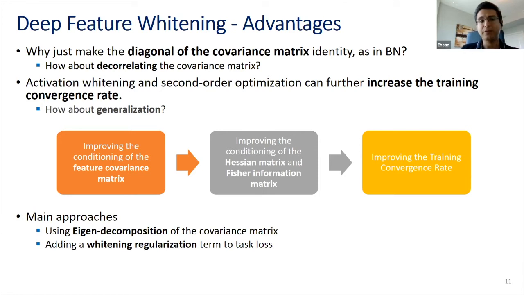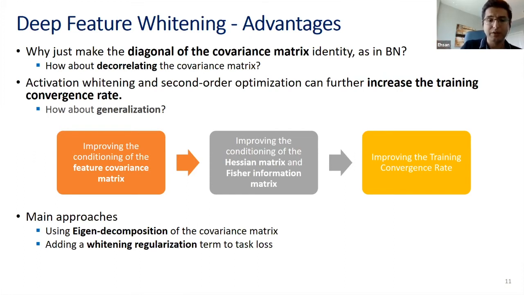This is something called decorrelating the covariance matrix. This is actually very advantageous, because people have shown that it increases the convergence rate. So whitening the covariance matrix usually increases the convergence rate.